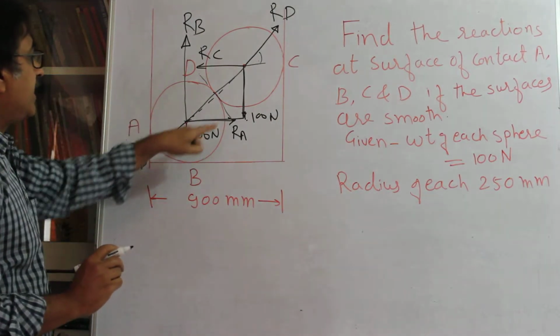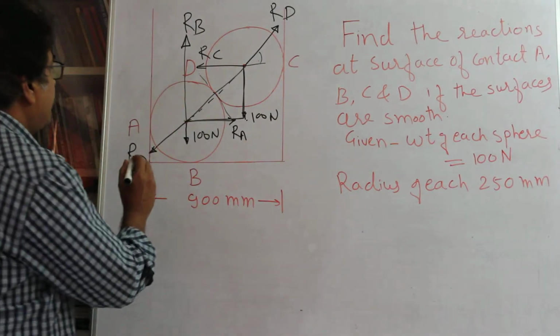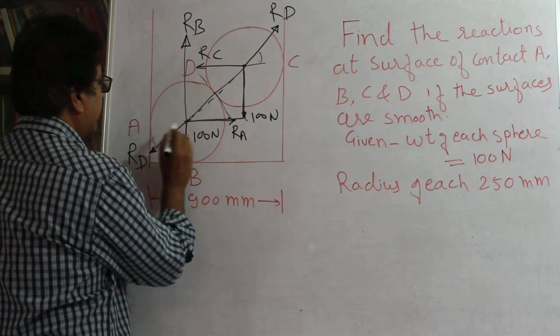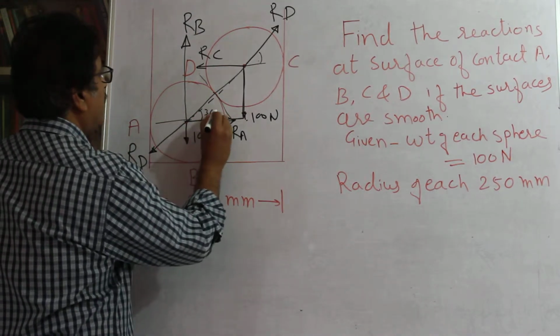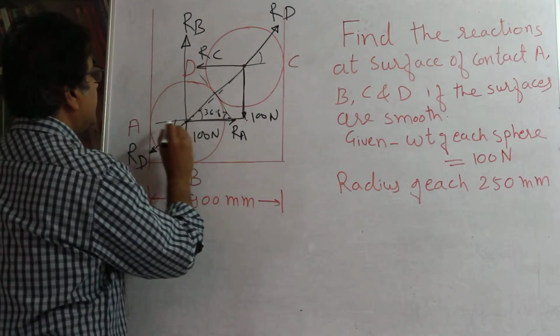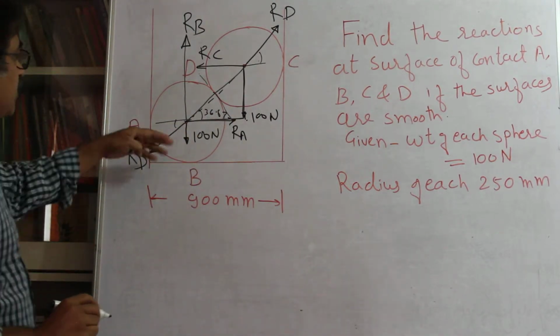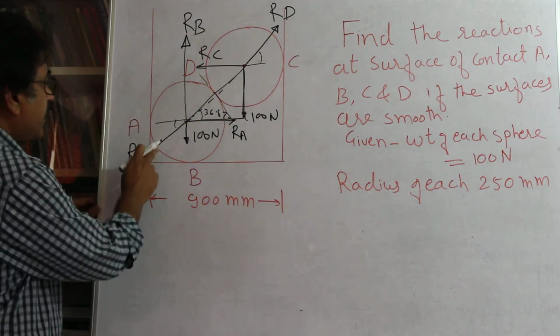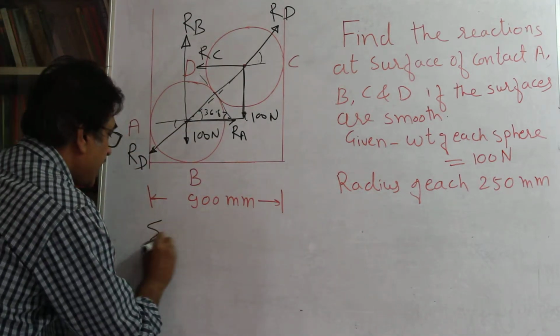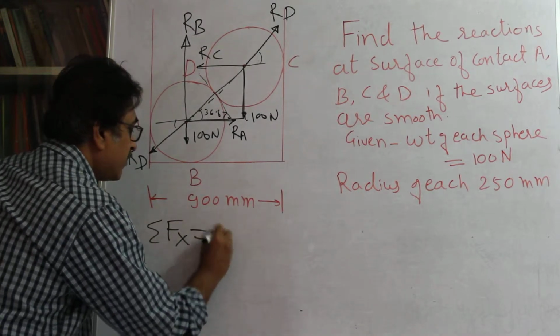Consider the lower sphere. We have found this angle, 36.87. Similarly this angle. So we can resolve the forces. Consider only this sphere, in which RD is a force. Let's say sigma Fx is equal to 0.